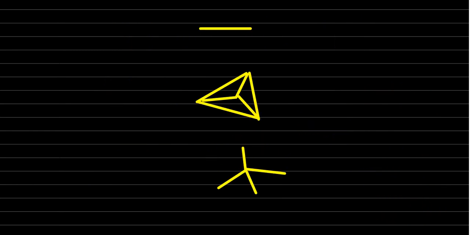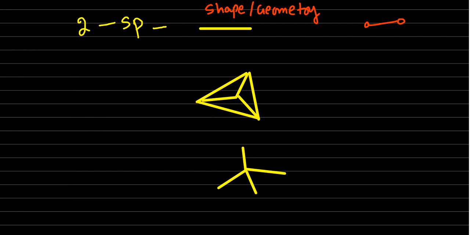Suppose the total is 2, that means sp hybridization, and the geometry is linear. We can say shape or geometry. Only two atoms are there, obviously linked like this, so the shape is linear.